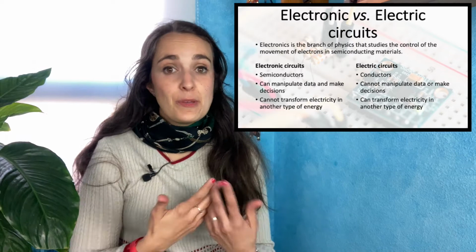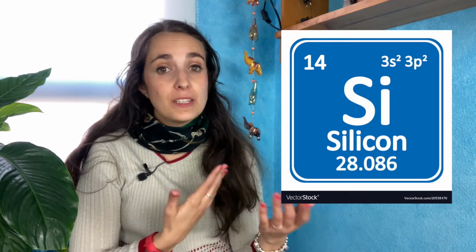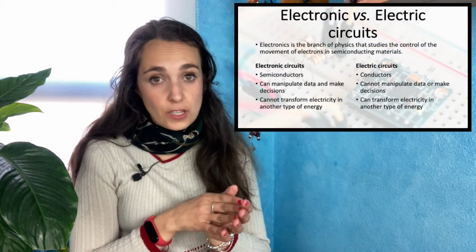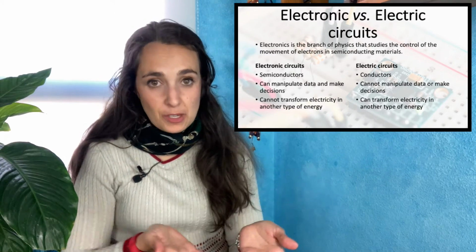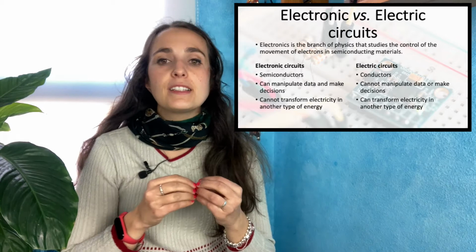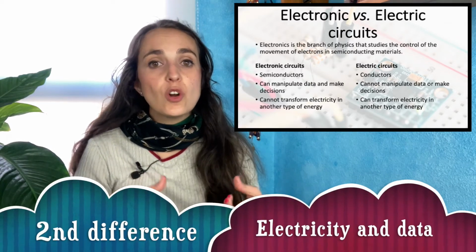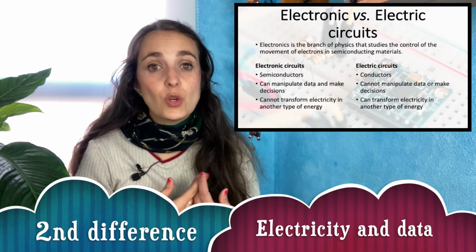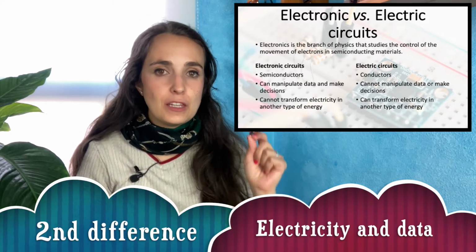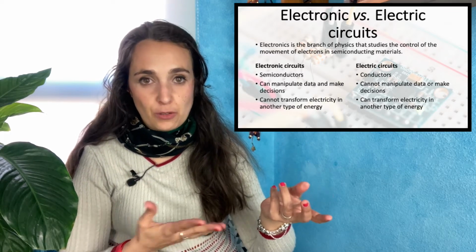Examples of semiconductor materials can be silicon, which is a metalloid, or gallium, which is a metal. If we have an electronic circuit, it is made of semiconductor materials like this one or some others. They can manipulate not only electricity but also data, like information, and that's the main difference apart from the semiconductor thing.